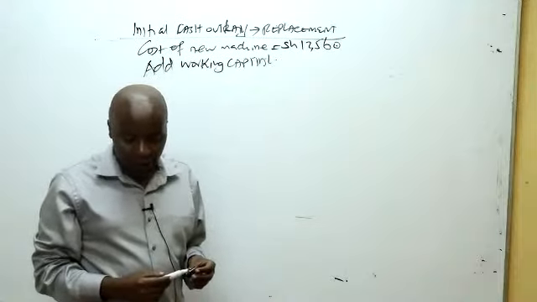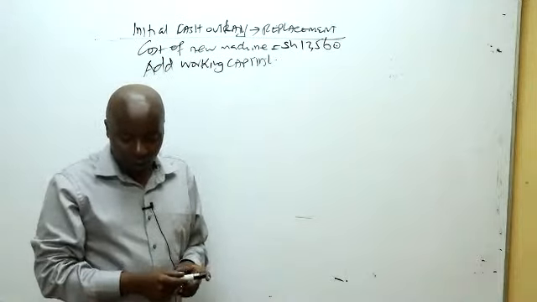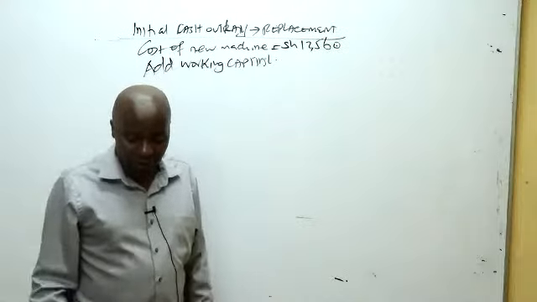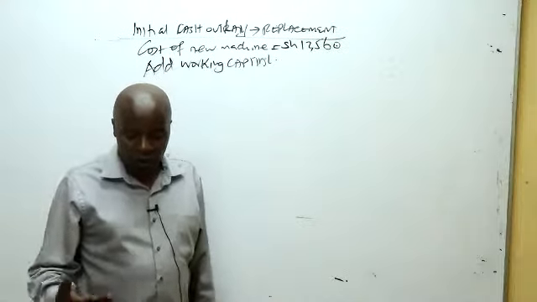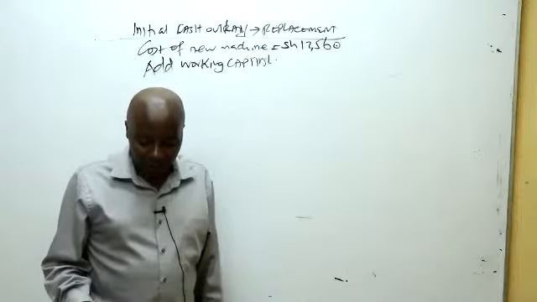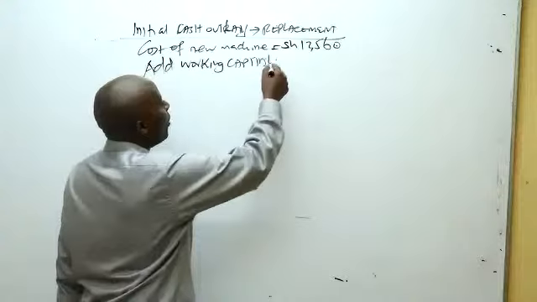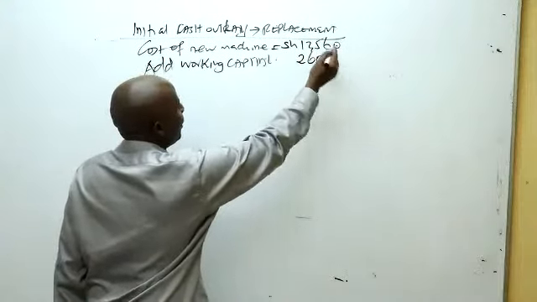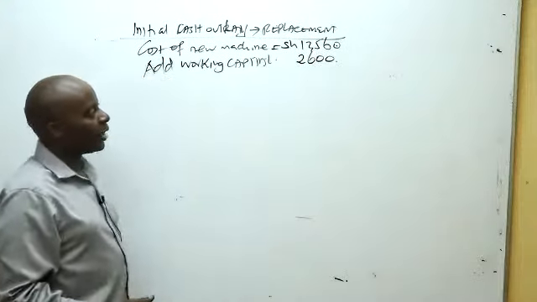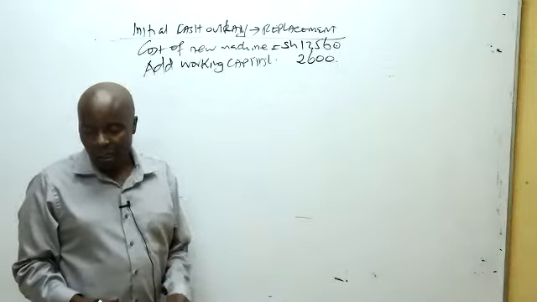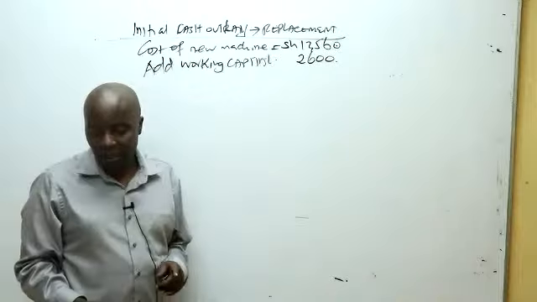We are told that the new machine will also require an additional investment in working capital of 2,600 at the start. So in this case here, we have working capital 2,600.